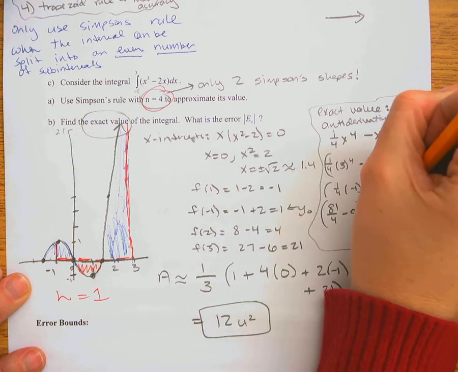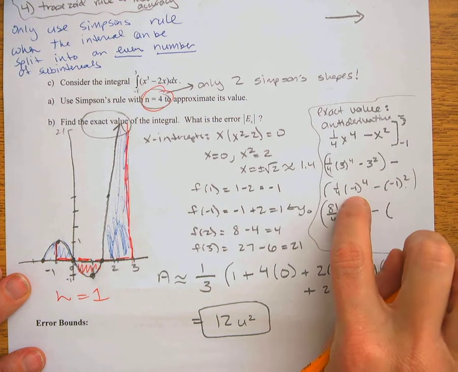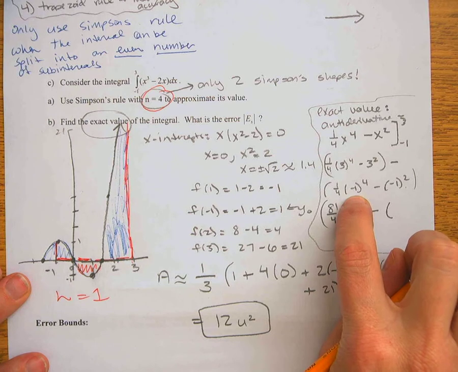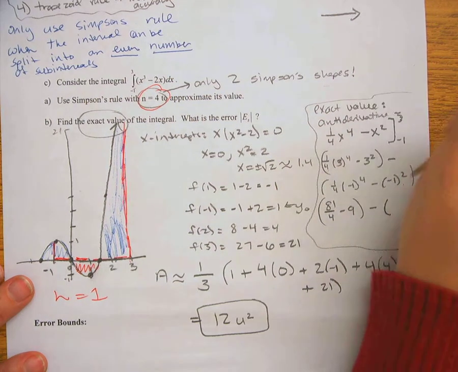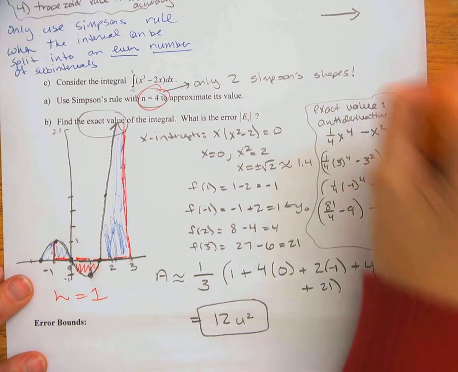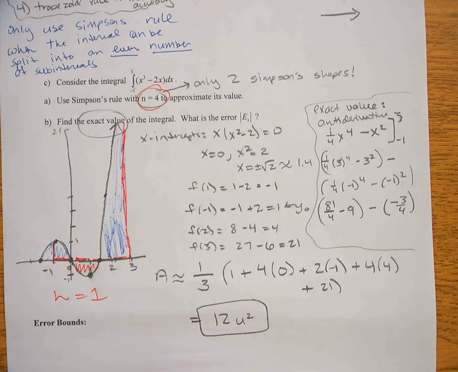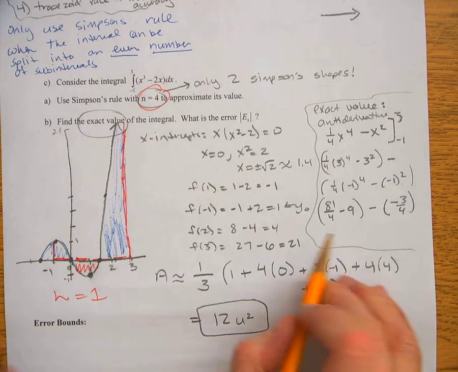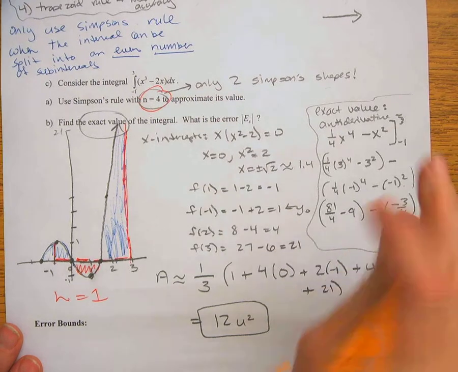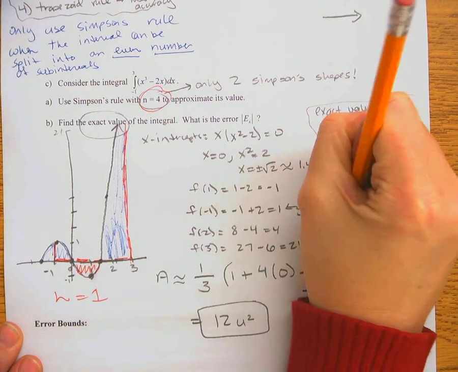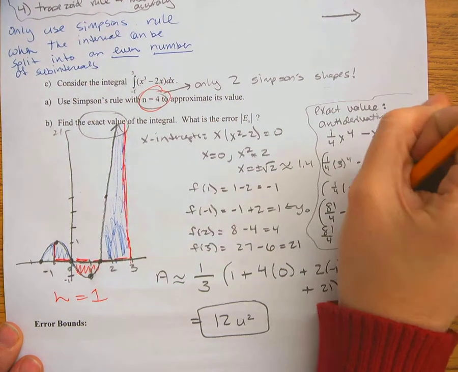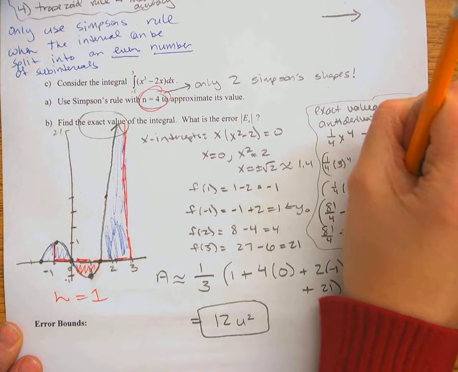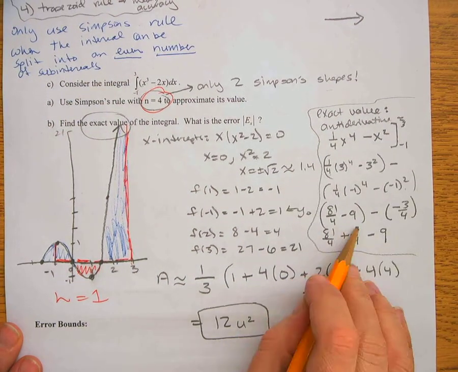And then this here would give me 1/4 minus 1, so that'd be -3/4. So if I look here, I have some like terms. So I have 81/4 plus, because there's a double negative, 3/4 minus 9, and that ends up being 84/4.